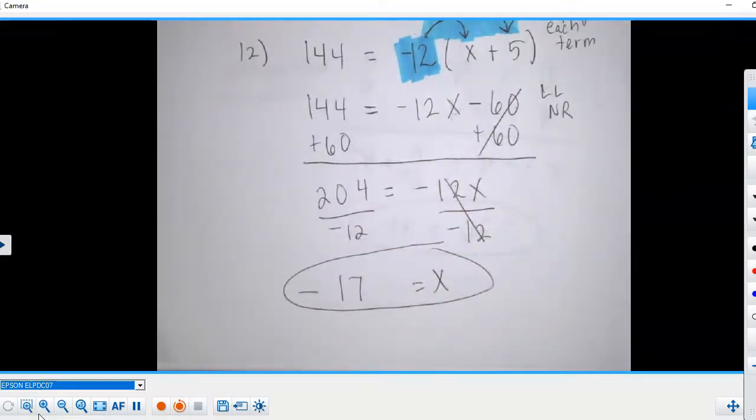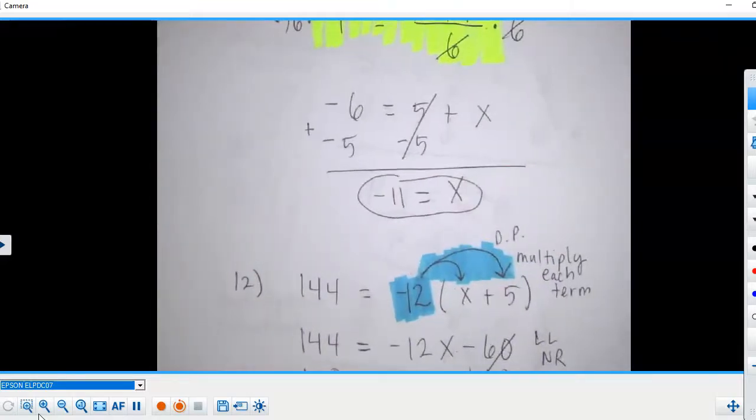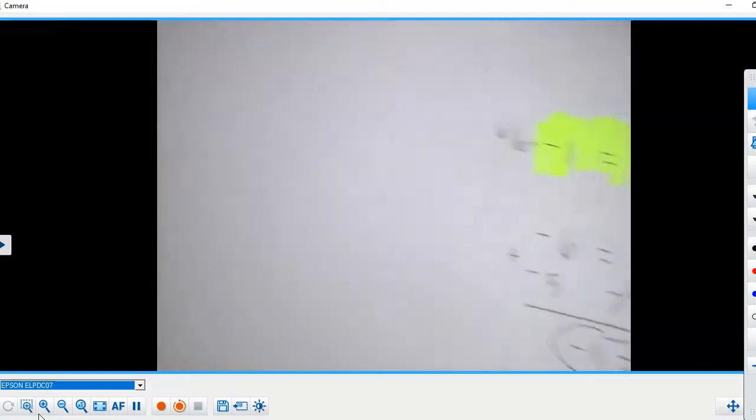Now I'm going to go to the next page. I'm only working on the evens. Oh man, this is not the page for the, okay, I'm going to make up a couple more then.